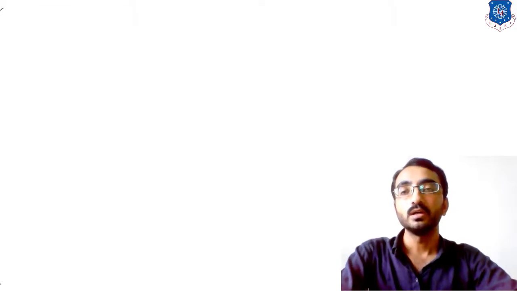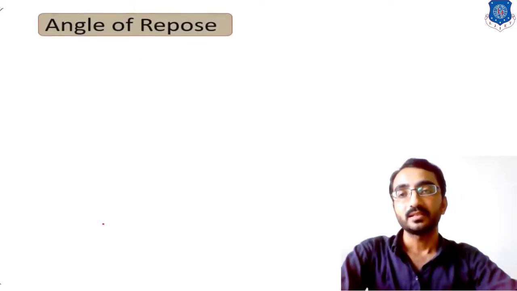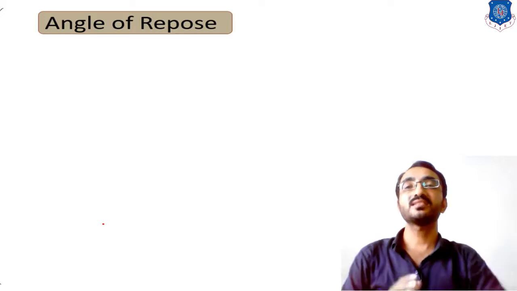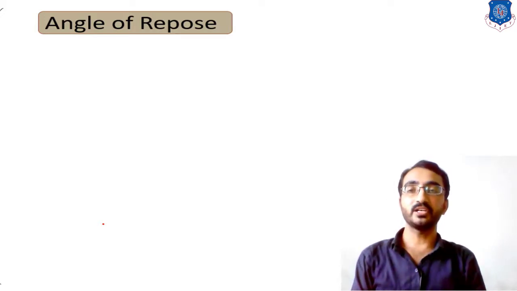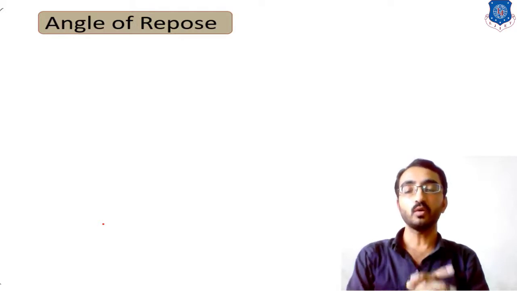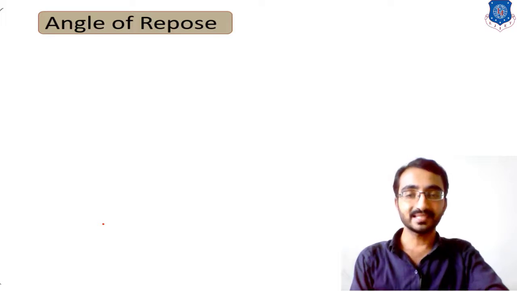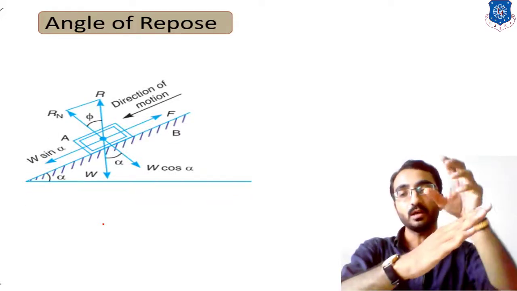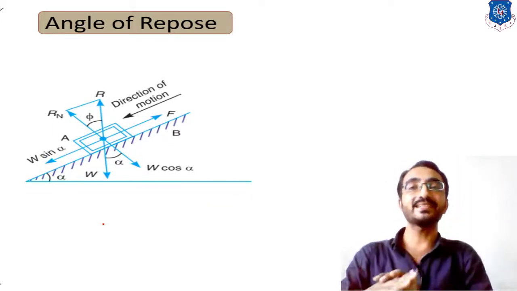Now the third fundamental is the angle of repose. This is the most important definition for the GTU examination. So what is the angle of repose? Let's consider a body resting on an inclined surface like this.